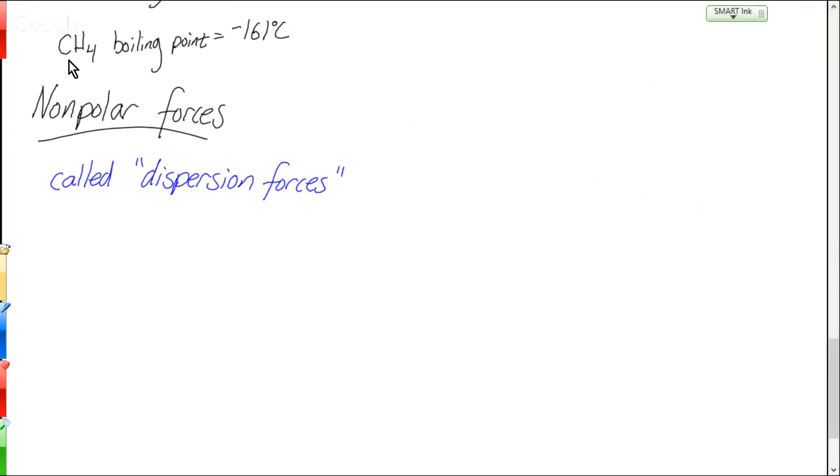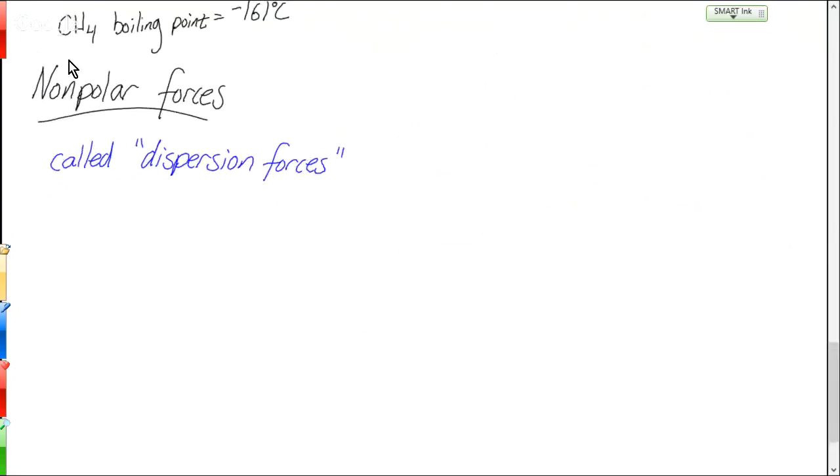So there is something that holds nonpolar molecules together, even if that thing is much weaker, and that thing is called dispersion forces. But what dispersion forces are is a momentary asymmetry of electrons. So let's say we have an atom.